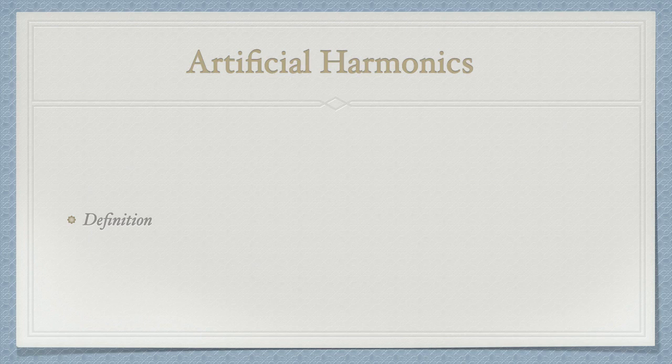The artificial harmonic is not natural and pre-existing. You need to make it happen. It is a harmonic whose fundamental must be artificially created by stopping and shortening the string to the desired fundamental frequency.